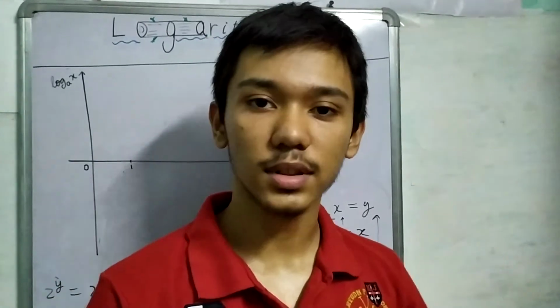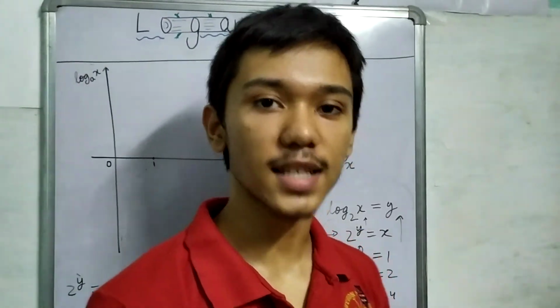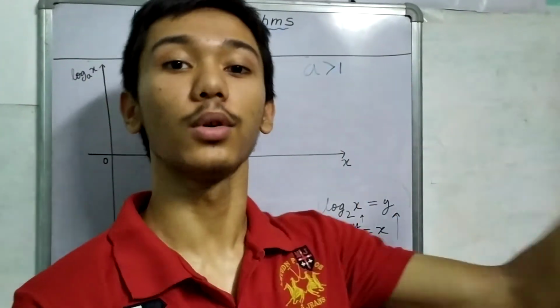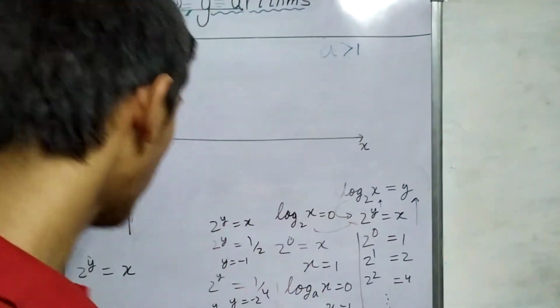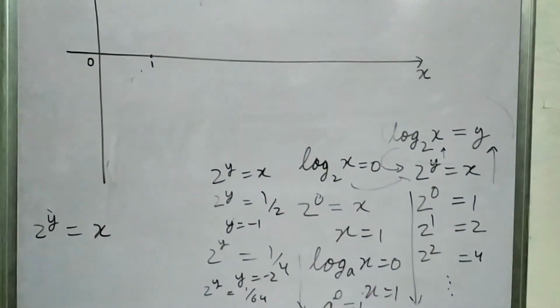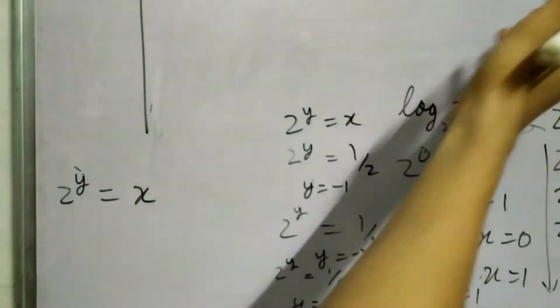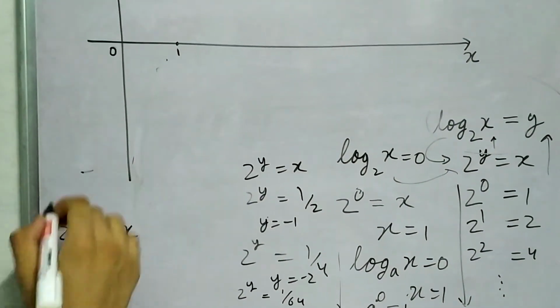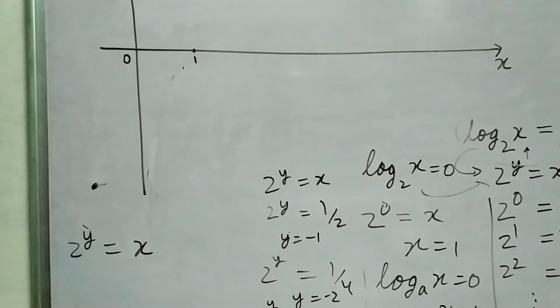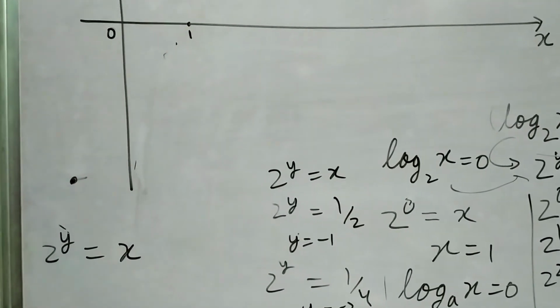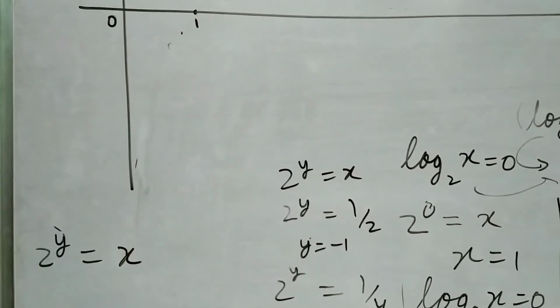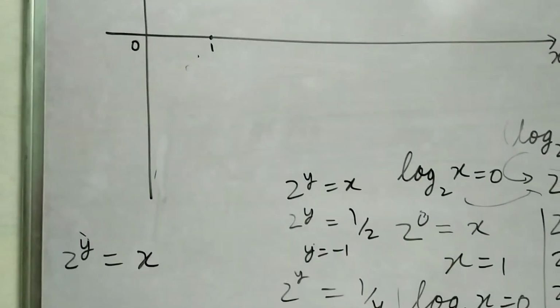So you can say that as x approaches 0, y will approach negative infinity. Of course x won't be negative, since 2 to the something won't give you a negative number. So there's no point of the graph which will be in the third quadrant. The graph will look something like this.